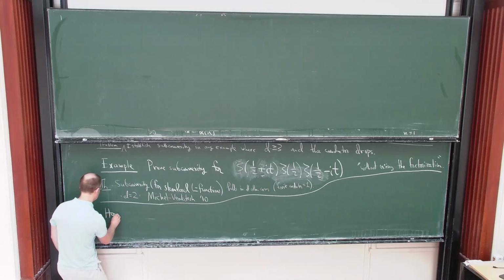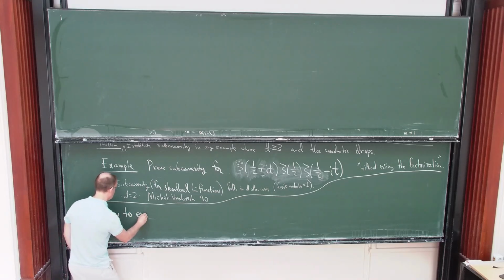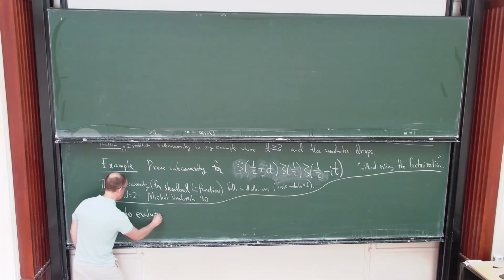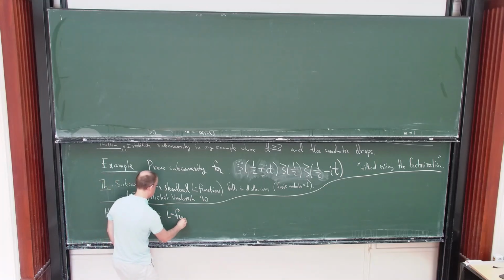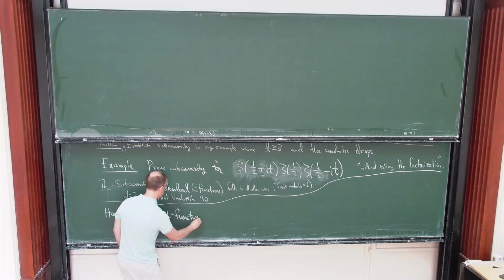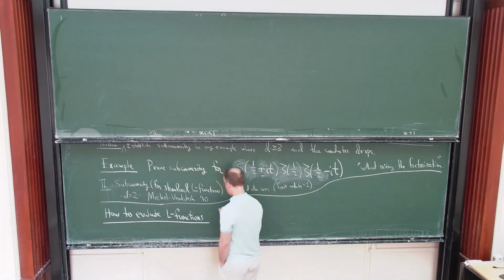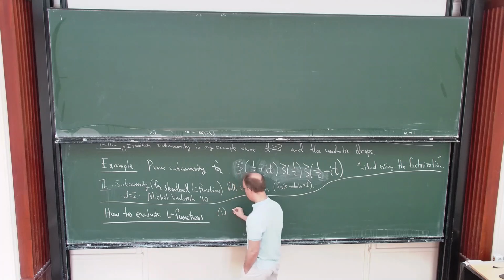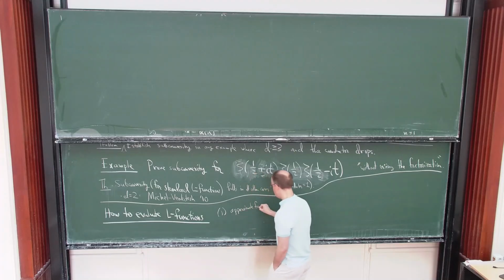Okay, so how to evaluate L functions? How do we think of these? There are a few different ways. One is a general complex analytic technique known as the approximate functional equation.